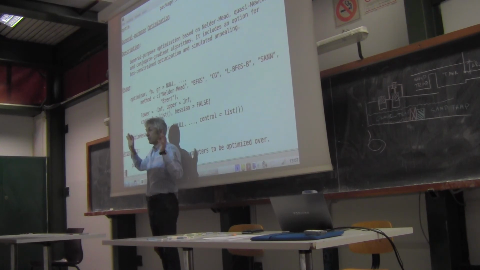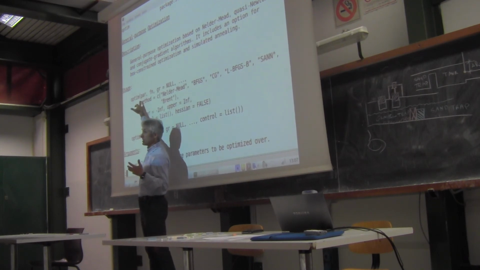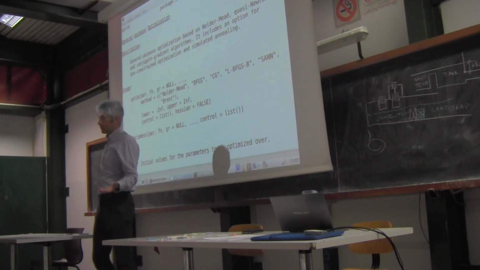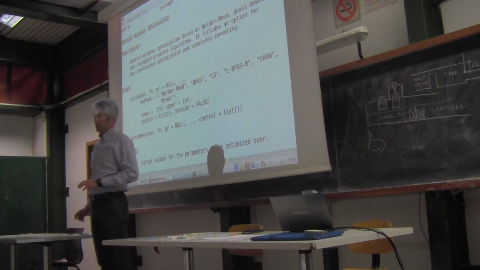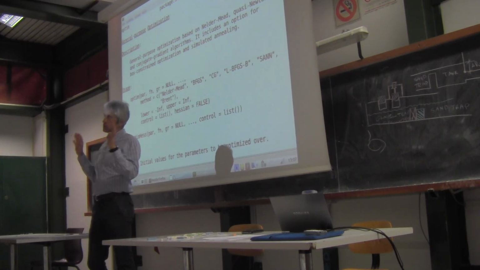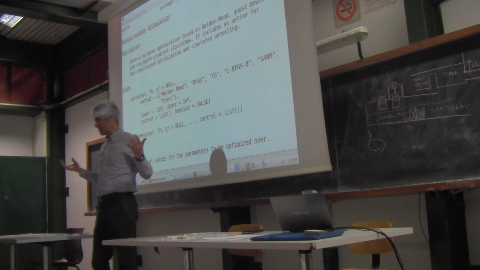Because this is the initial value. The routine starts from this initial parameter value to look for better performances. These are the only two arguments required, and you may also try to run it. There will be problems, and then we will discuss.